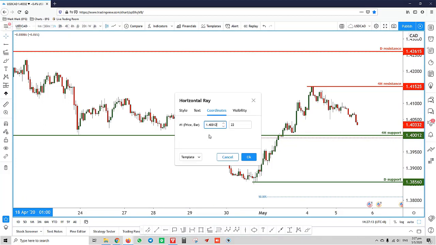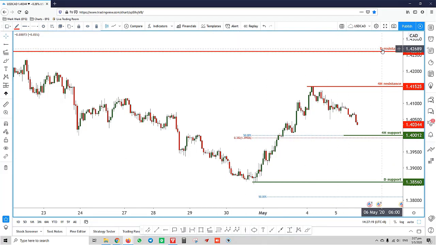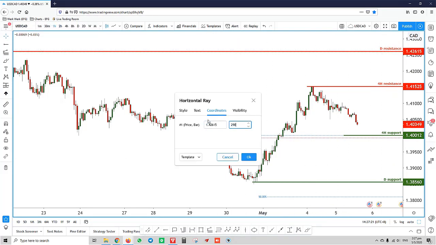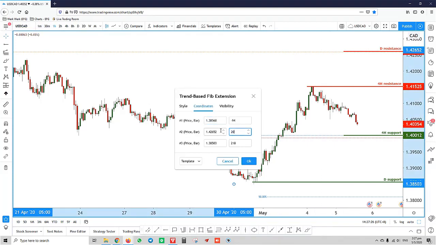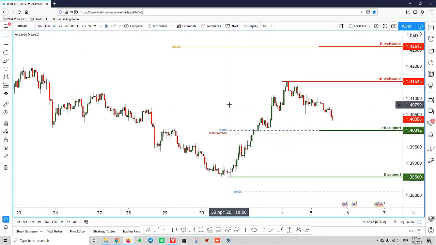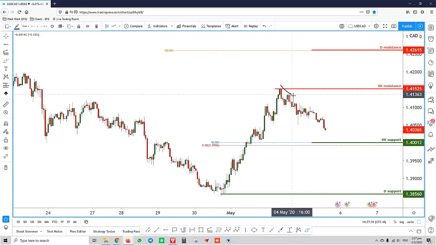It's easier for you guys to see. So what we have here is the 1 hour, right? It seems like price has been in a short-term downtrend, short-term push, and we are actually approaching this level here at the 4 hour.